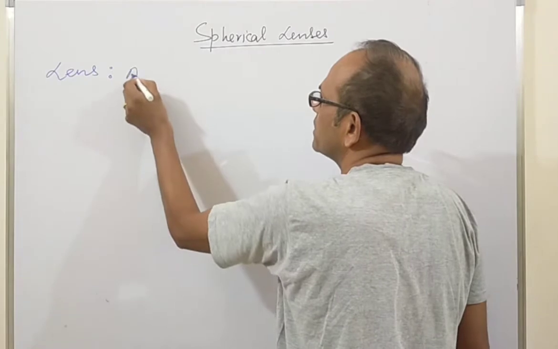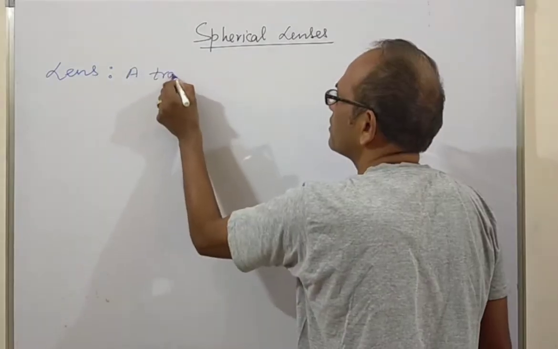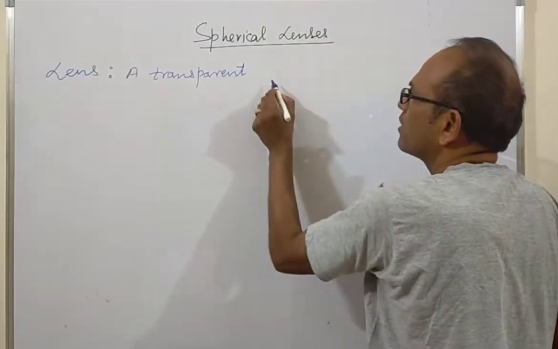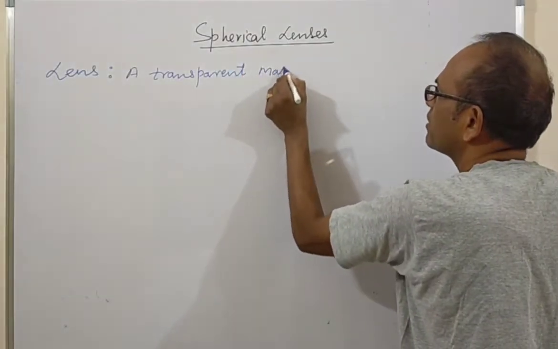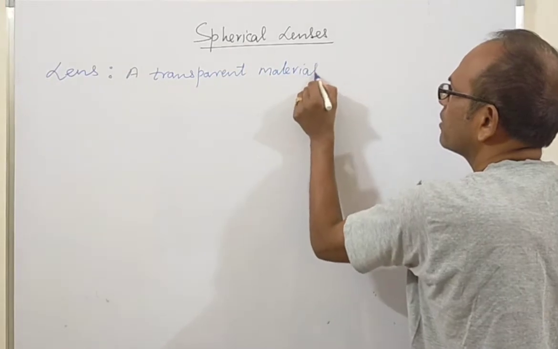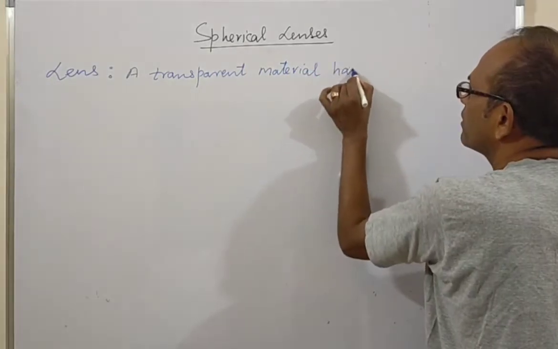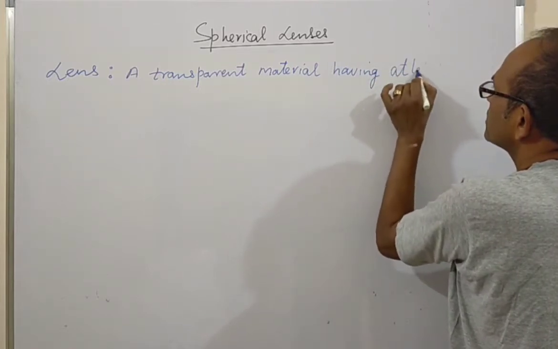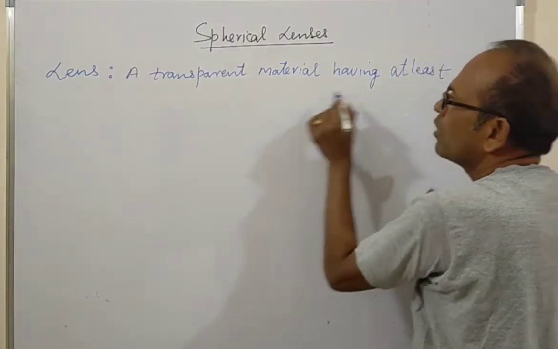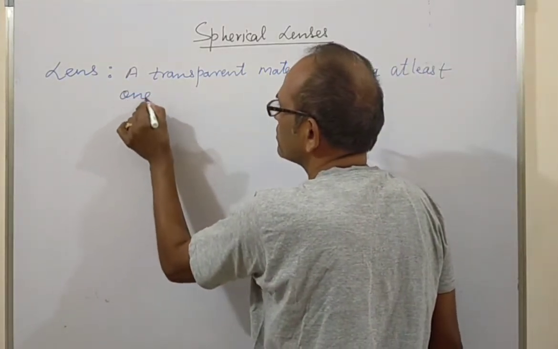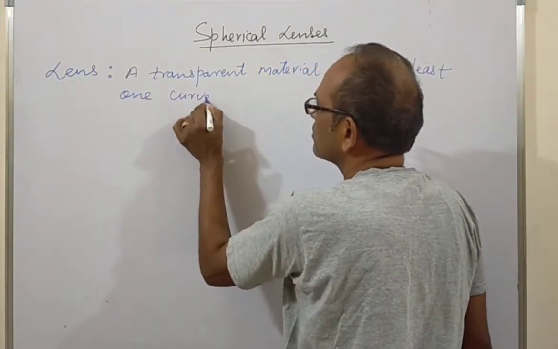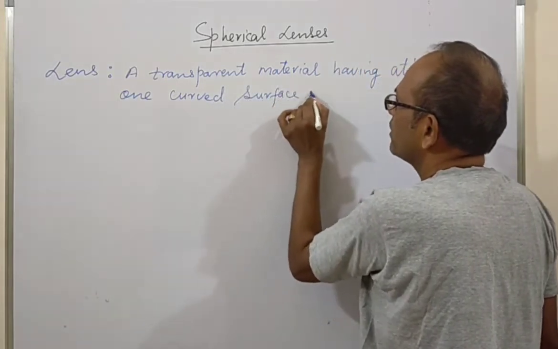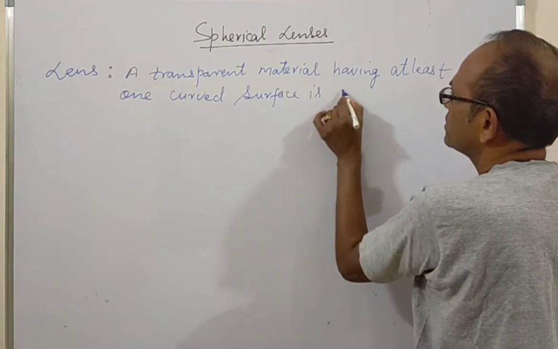What is a lens? A transparent material having at least one curved surface is called a lens.